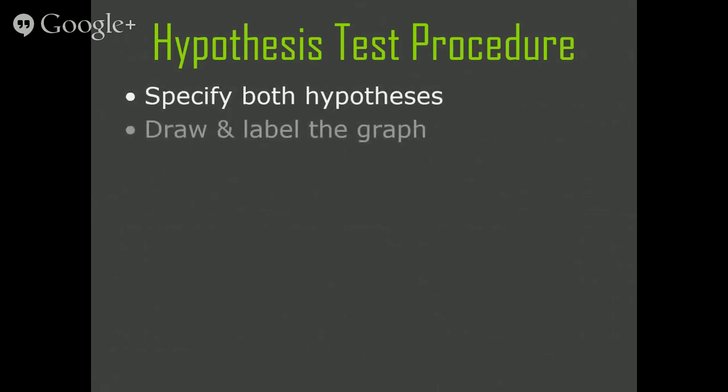We specify both hypotheses, null and alternative. We draw and label a graph, a diagram. We find a critical statistic. Now, a computer won't find a critical statistic. It'll just calculate the p-value out to like 25 decimal places.